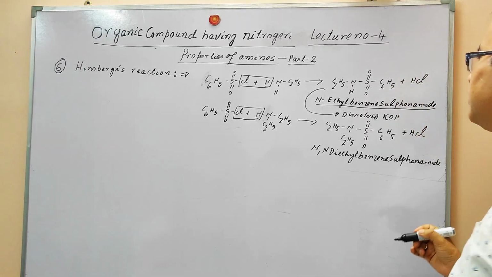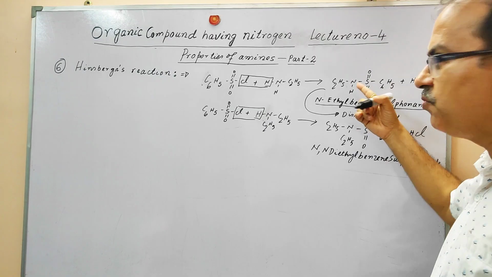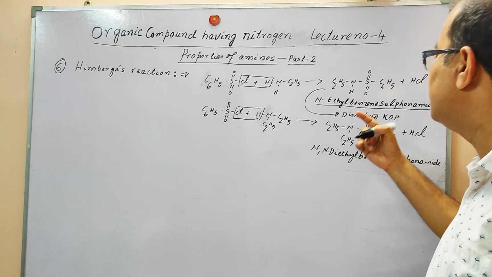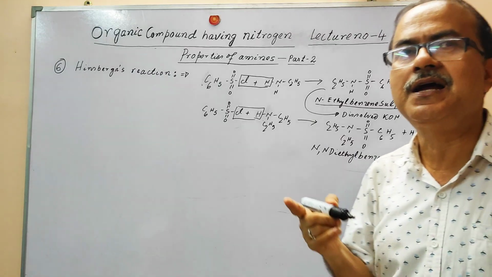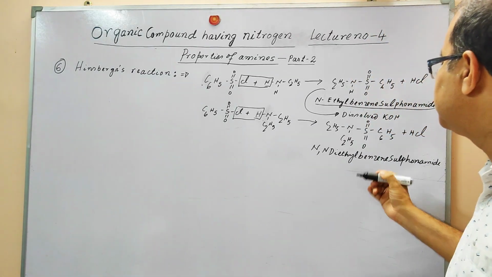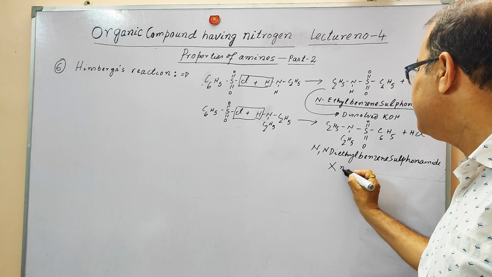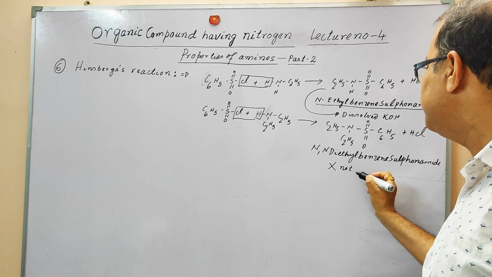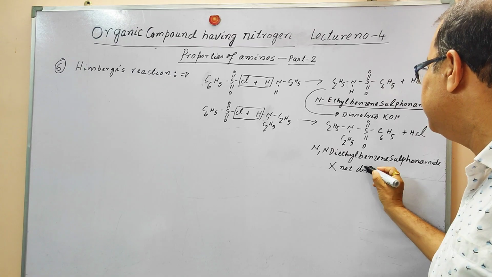And here you can observe the difference between these two compounds: here there is one hydrogen atom, but here there is no hydrogen atom. So this compound is not acidic at all. So it is not dissolved in KOH or alkali.